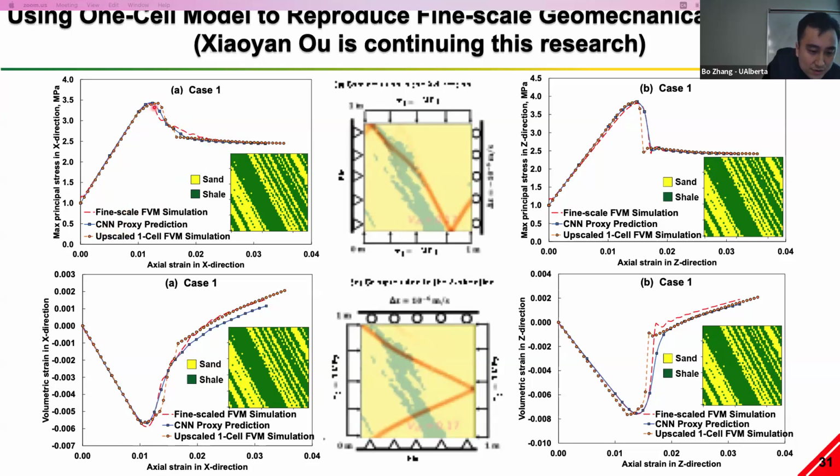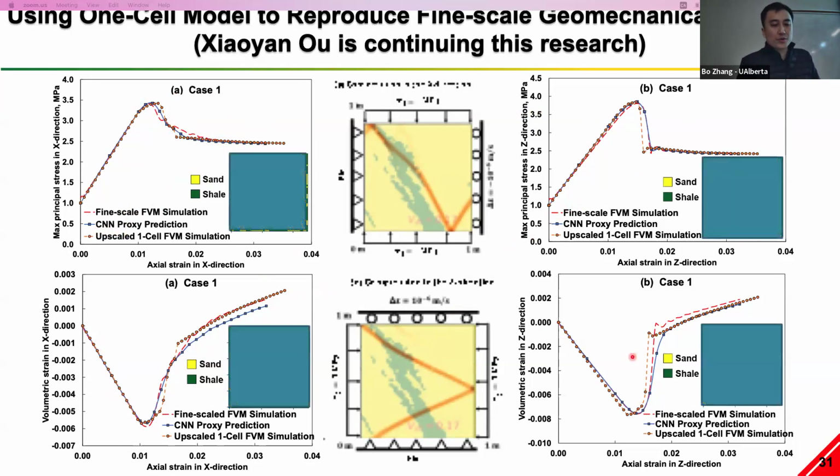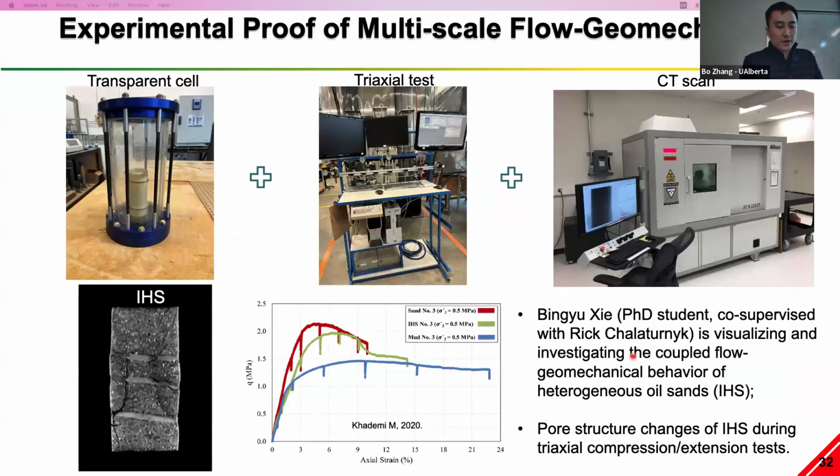And the upscaled one-cell model also matches pretty well, both when we are loading in X direction and when we are loading in Z direction, for the stress strain behavior and also the change of volumetric strain. That actually gives us a lot of confidence that our CNN-based upscaling definitely works, using only one cell to represent the 100 by 100 grid block, right?